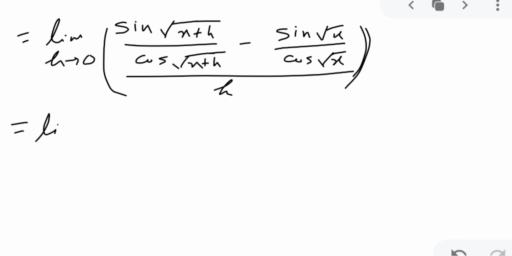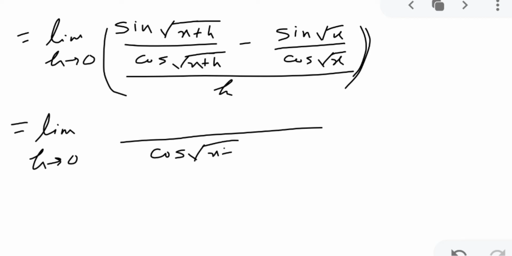So limit h tends to 0, and I will do cross multiplication. So the LCM will be cos root over x plus h and cos root over x. This will be the LCM, then cross multiplication.